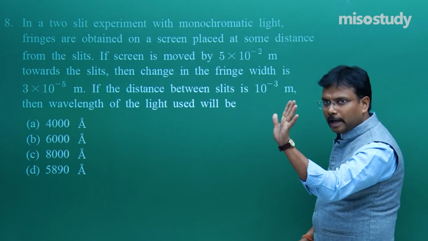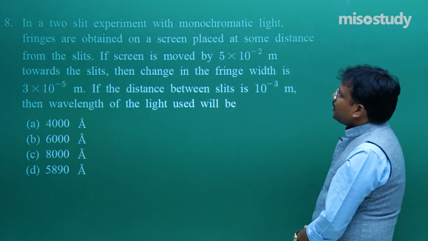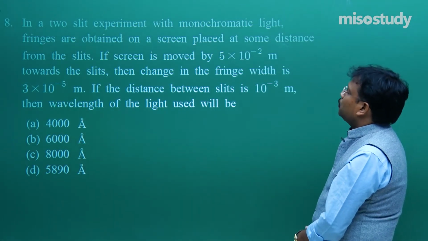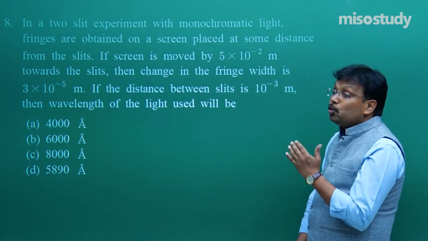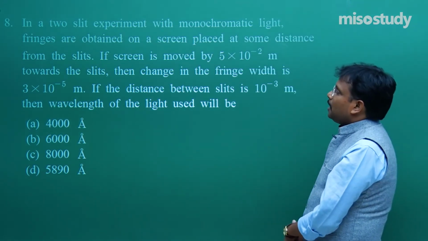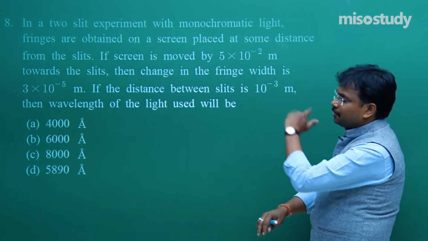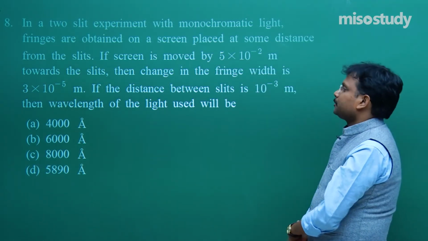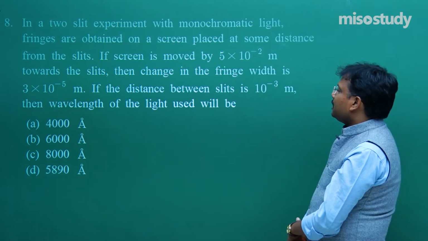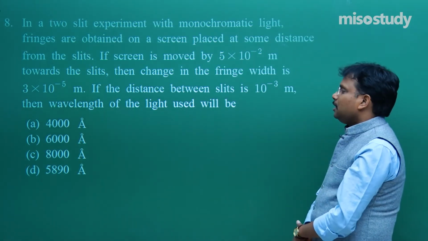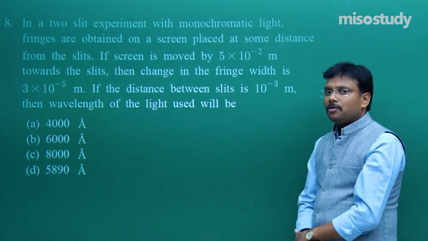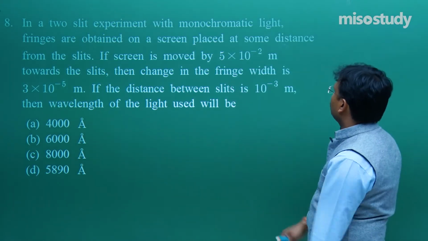I will show you the diagram, do not worry. If the screen is moved by 5 into 10 to the power minus 2 meter towards the slits, then the change in the fringe width is this much. If the distance between slits is this much, then what exactly is the wavelength of the light used? So first I would like to show you the diagram.